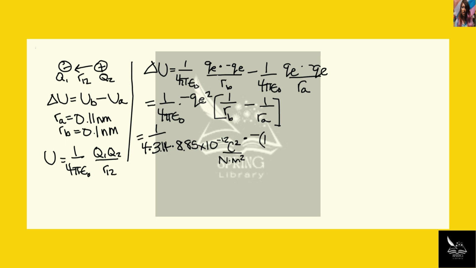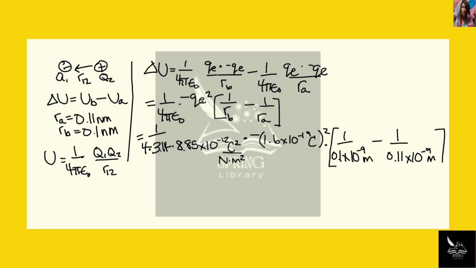Charge of an electron, we can also look up, that's 1.6 times 10 to the minus 19 coulombs, squared. And we have inside our parentheses multiplied by the rest of that. So that's 1 over, let's change these to meters to match the rest of our units. So RB is 0.1 nanometers, so the 0.1 times 10 to the minus 9 for nanometers, minus 1 over 0.11, this is RA, times 10 to the minus 9 meters.